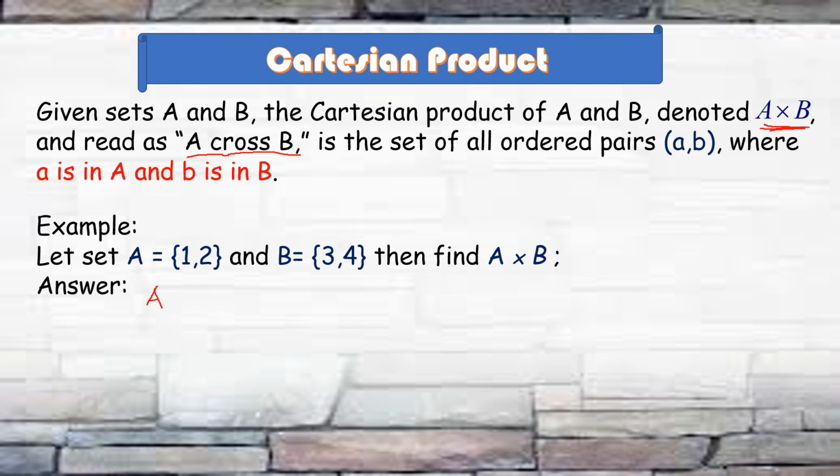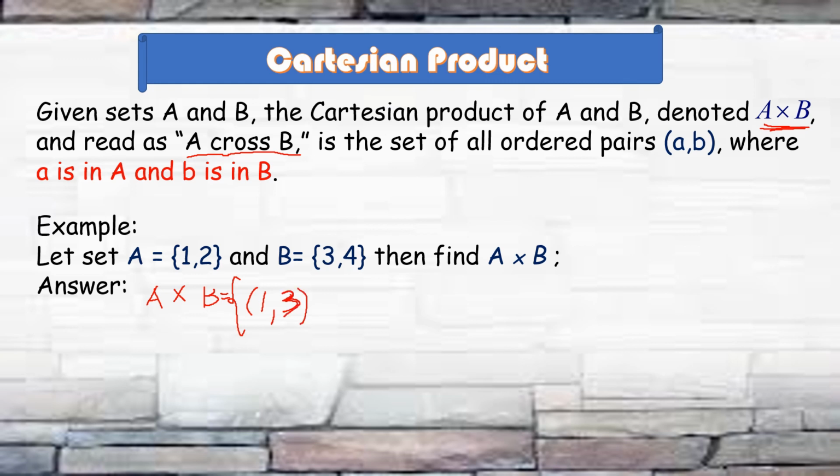So A cross B. Okay. So, kung gagawin lang natin, i-multiply lang natin sila sa bawat isa. So, let's start from 1. Okay? So, 1, 3. Yan.